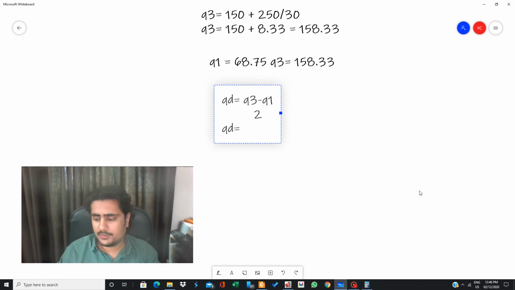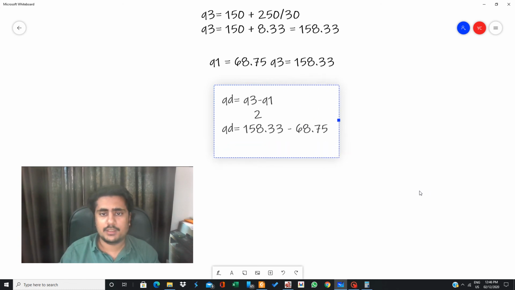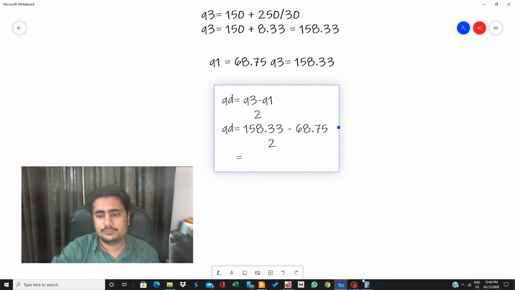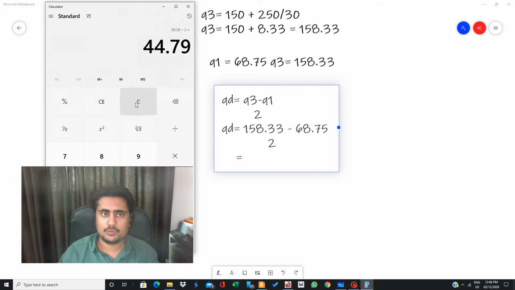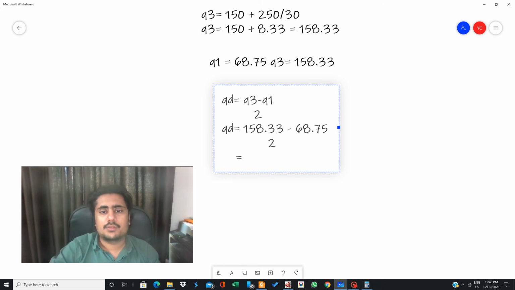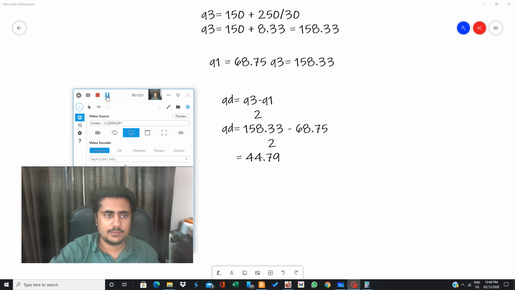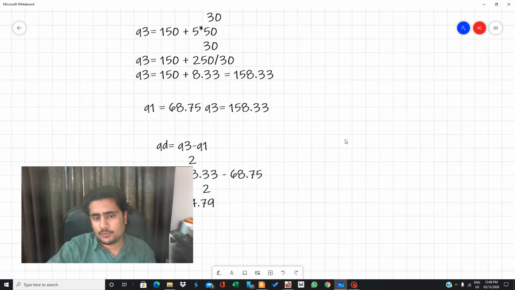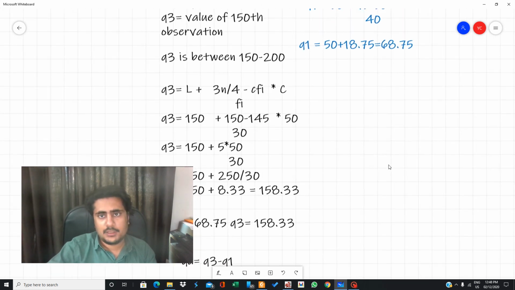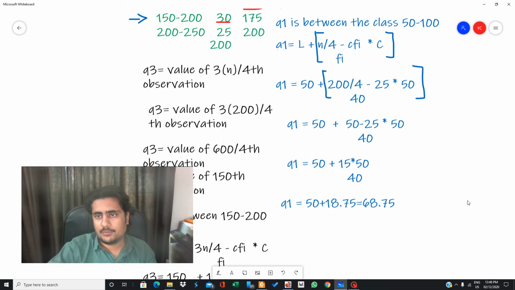So my quartile deviation is 158.33 minus 68.75 upon 2, which is 42.79.